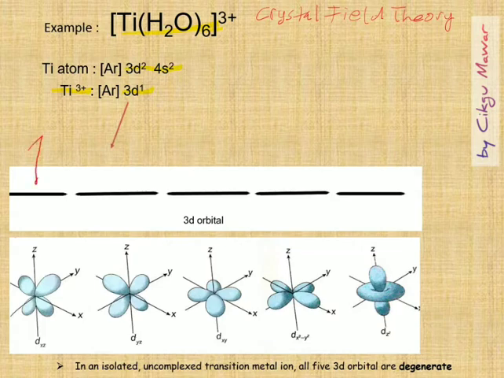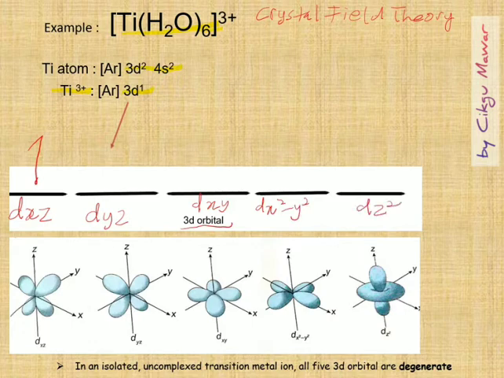For the 3d orbitals, each orbital has its own name. The first is dxz, the second is dyz, the third is dxy, then dx2-y2, and the last one is dz2.